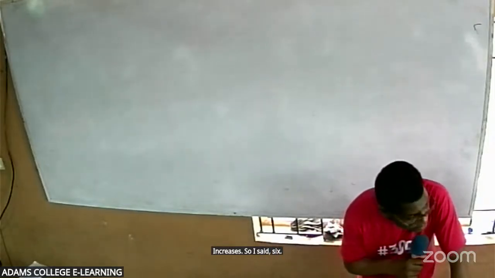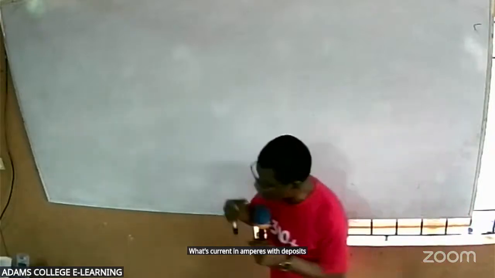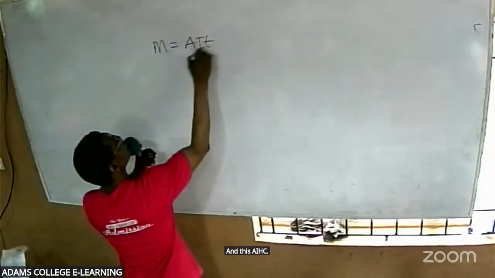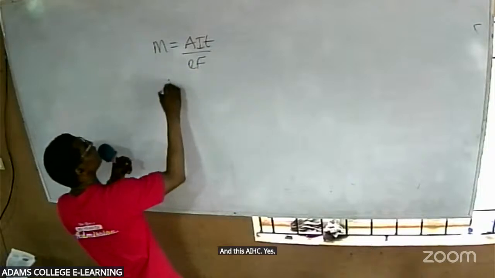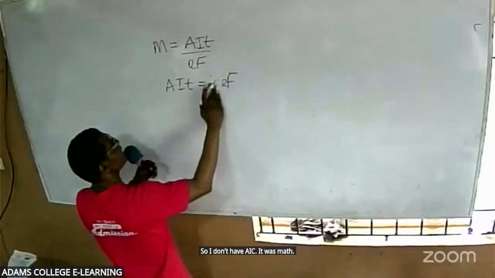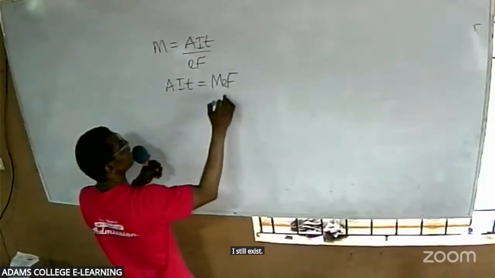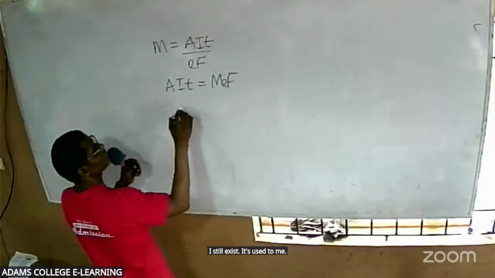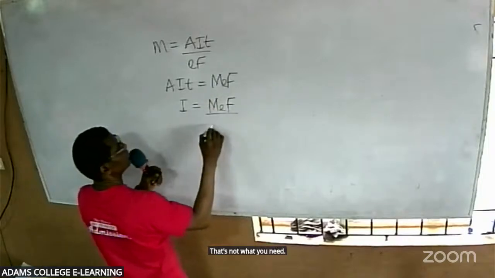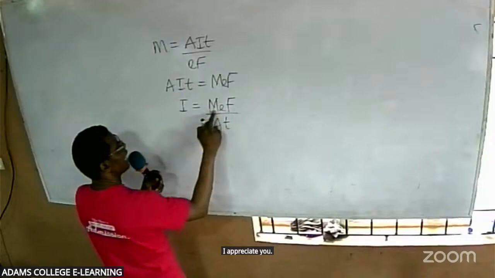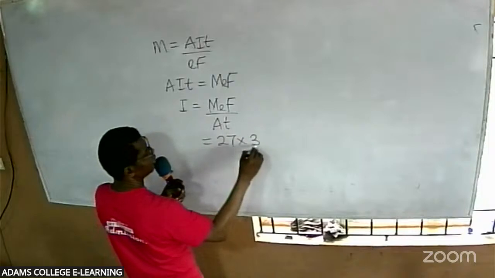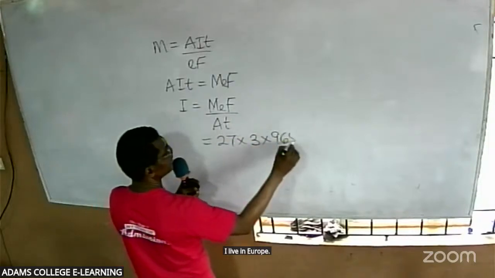Question 6: what current in amperes will deposit... This is a question on current electrolysis. M is AIT by nF, so we're going to have AIT equals MnF. Aluminium has a mass of 27, n is 3, and F is 96500.